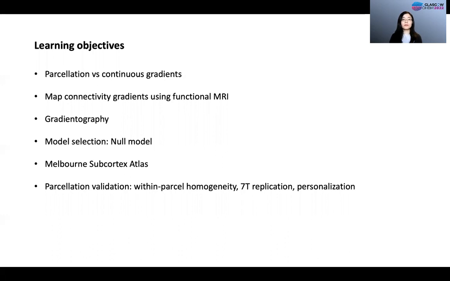I will then discuss a few important validation steps once we have the parcellation generated, including the testing of within-parcel homogeneity, the replication of the atlas using a different imaging modality, and also the personalization of the brain atlas.